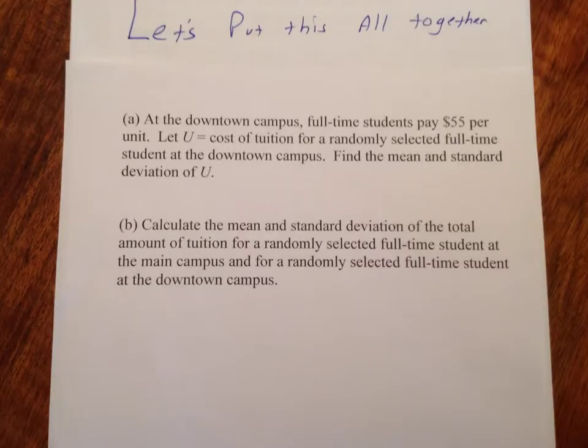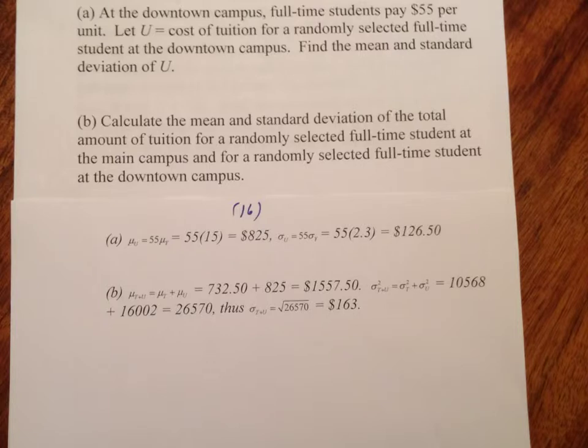Let's put this all together. Go ahead and answer A and B with your partner. Well, how'd you do? Well, for A, all you had to do was multiply the mean by 55 and the standard deviation by 55. And you get $825 for the mean, $126.50 for the standard deviation.